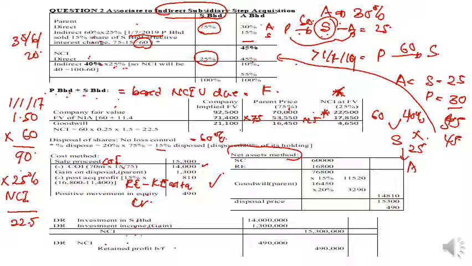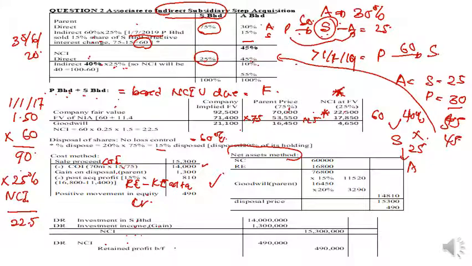Times 15%, so you're going to have 810. So 810 compared with 1,300, you're going to have a positive movement in the equity of 490. This one is the cost method, and the other one is the net method, so just focus on this one only. The cost method is simple compared with this one.